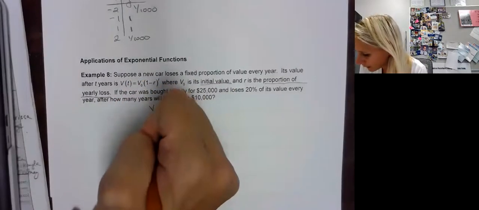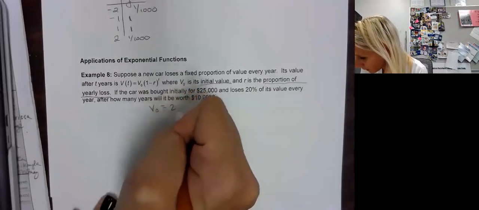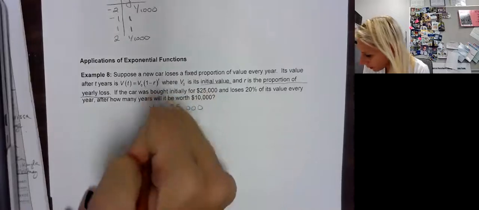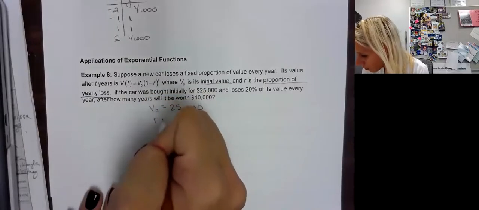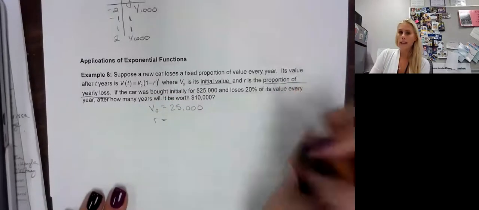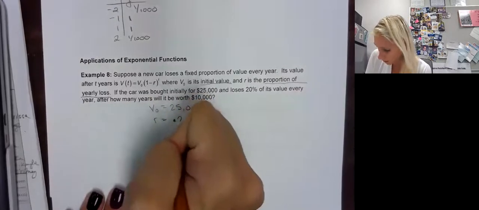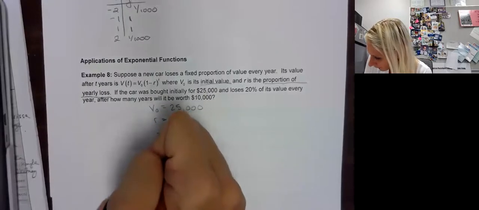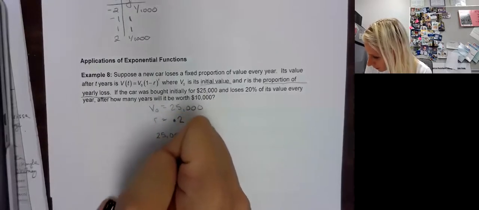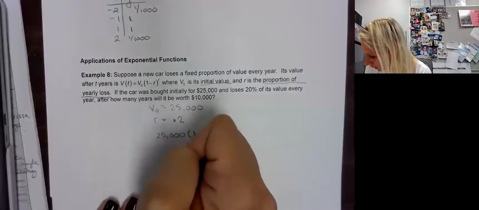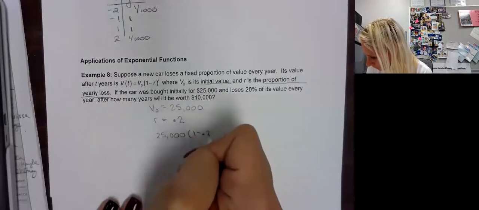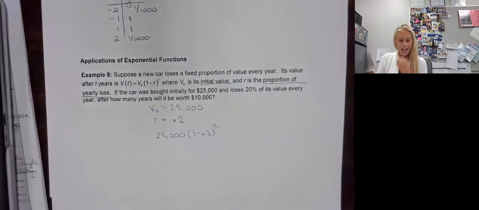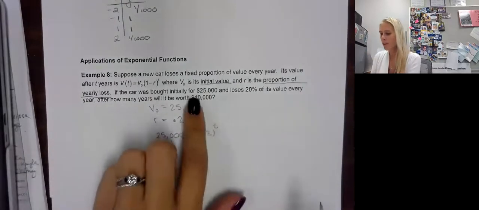That means v sub 0 is 25,000. And r, now don't forget to put your r as a decimal, so that's 0.2. So when I look at the equation right now, I have 25,000 times 1 minus 0.2 to the t. And what I have here is I have the value.